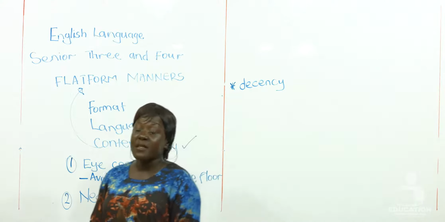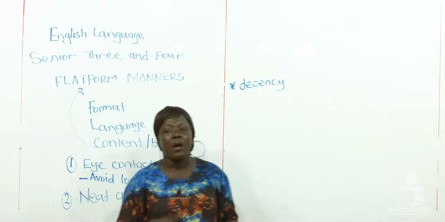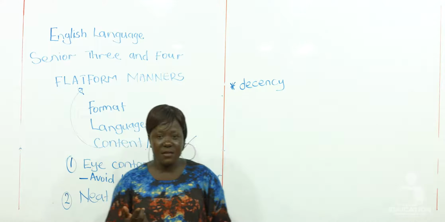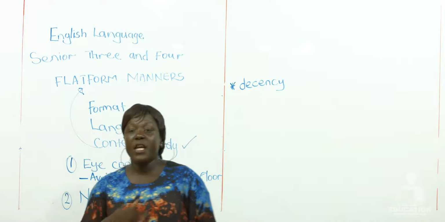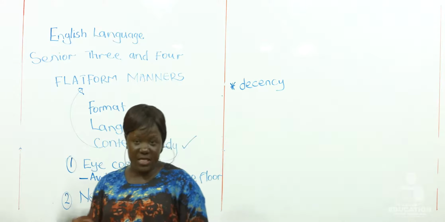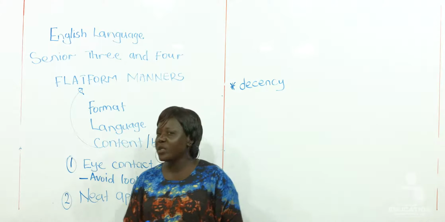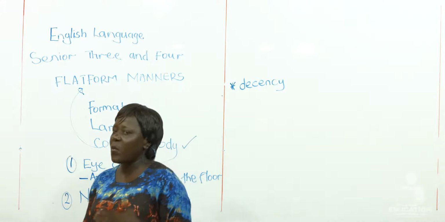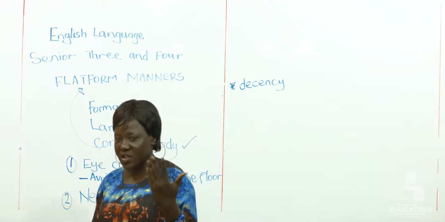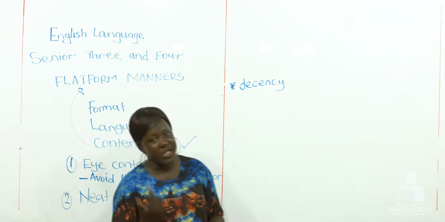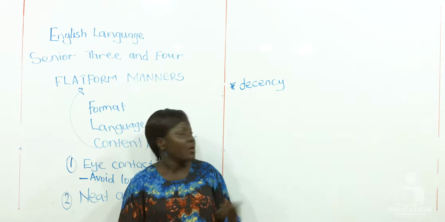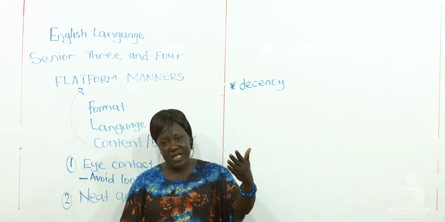For instance, some Christians like the Seventh Day Adventists don't condone makeup. Some of them will never allow you to use extra hair on your head like wigs. So you have to know your audience before. You have to plan before to avoid embarrassment.